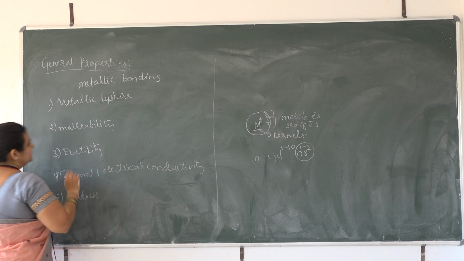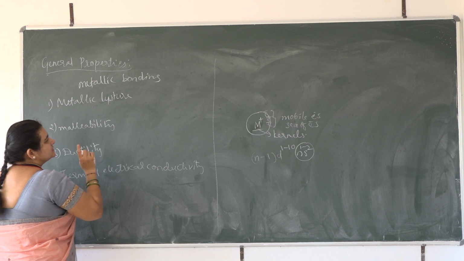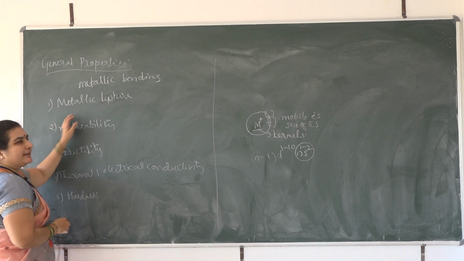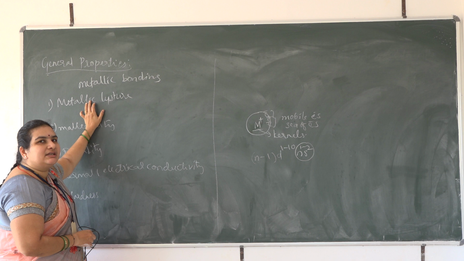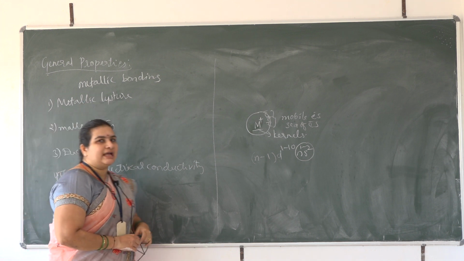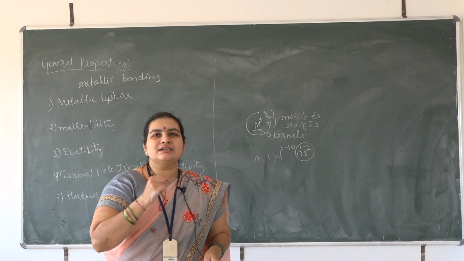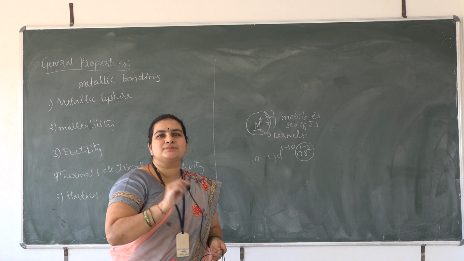Metallic luster means the shining which is created on the metallic surface. We know that every metal has a characteristic shining. How is it observed?